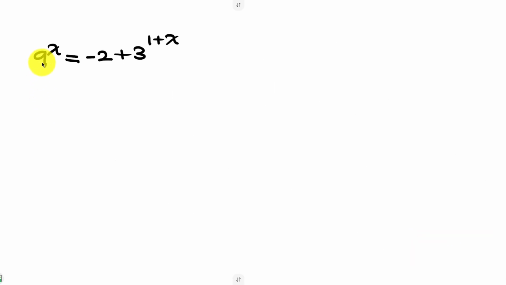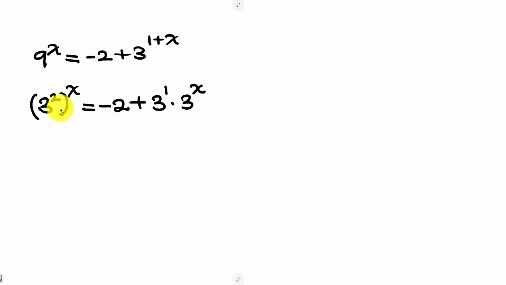Now let's write this in the base of 3. 9 is the same as 3 squared. And this is raised to the power of x. This is equal to negative 2 plus, now applying the property of indices that we've done before, this will be 3 to the power of 1 times 3 to the power of x.